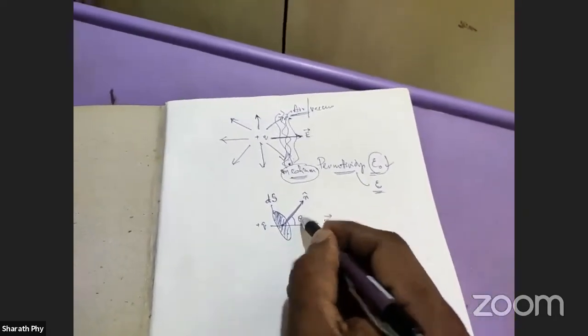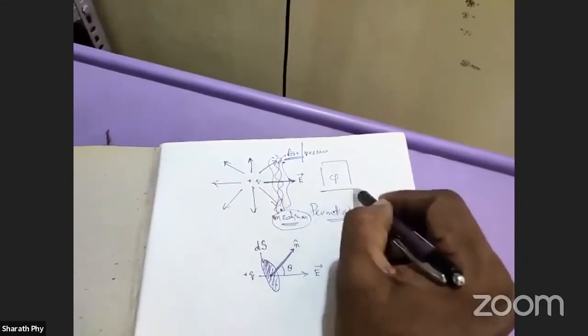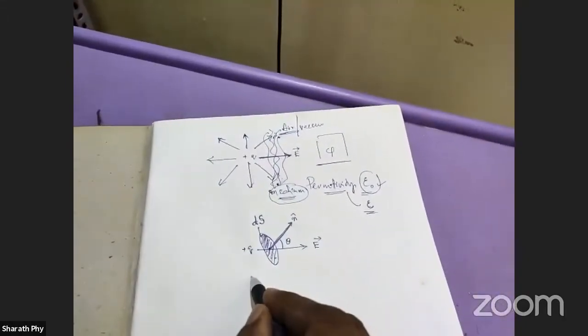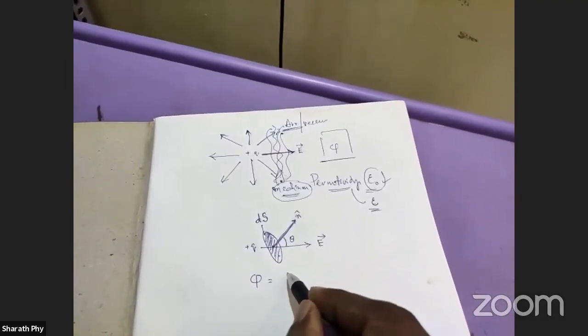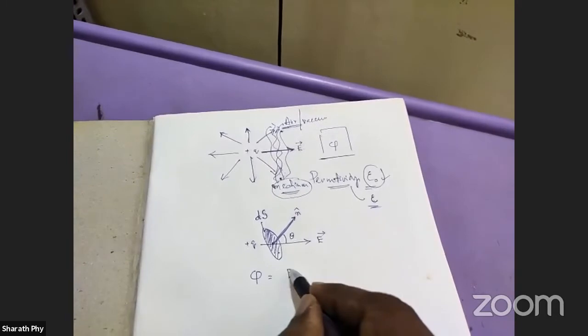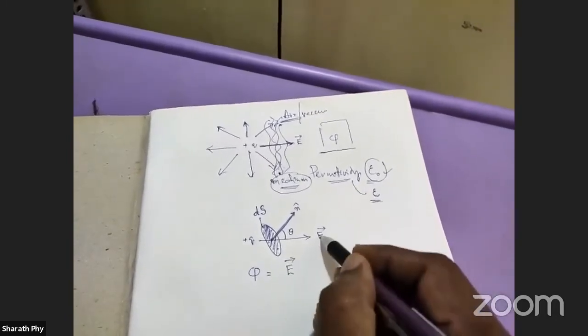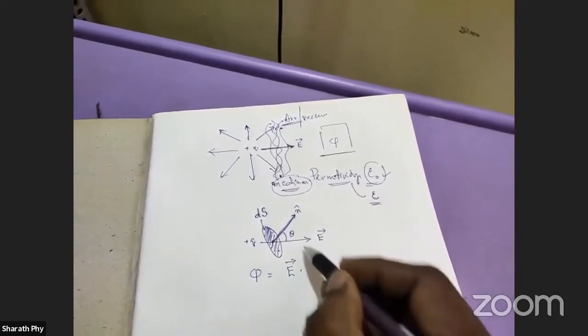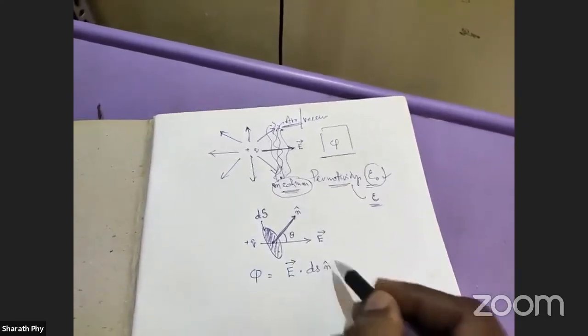So if we have to calculate the electric flux in this area, what formula do we use? Electric flux is equal to the scalar product of the electric field and the area vector, which is normal to this area.